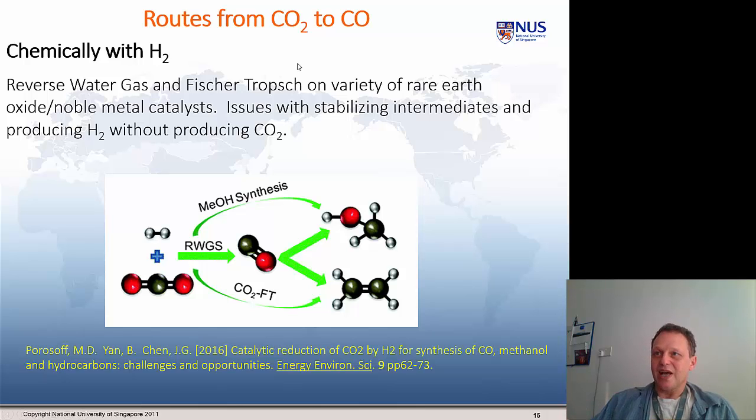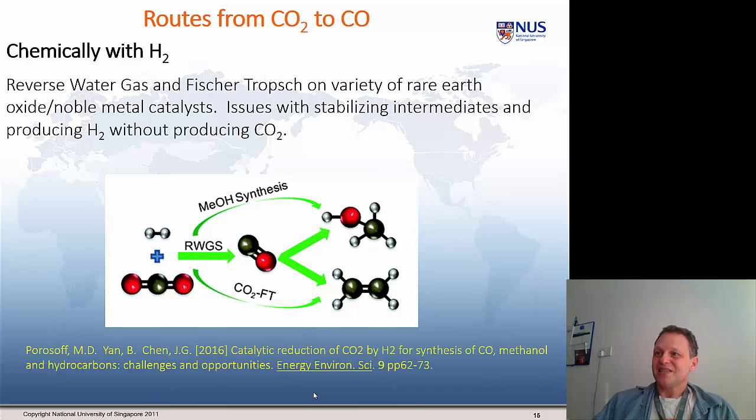Now, the first way, remember, Fischer-Tropsch is an equilibrium, is to do it chemically, effectively with a reverse water-gas reaction, and then a Fischer-Tropsch in this sort of way. The reference I've given is a thorough review.